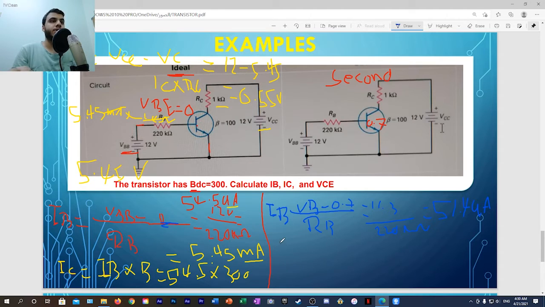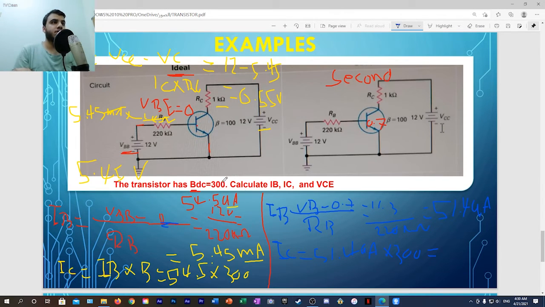Okay, IC, same question. IC will be IB multiplied by beta. IB is 51.4 microampere multiplied by beta. Sorry, where's beta? 300. Okay, I think there is a mistake in the problem.